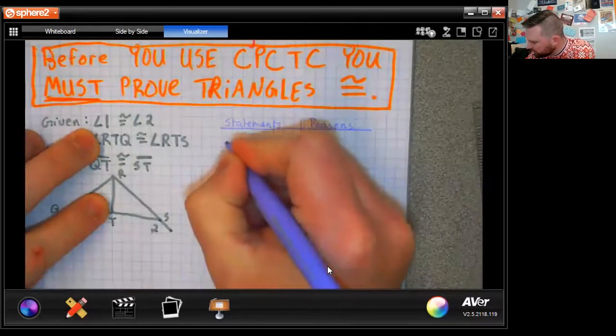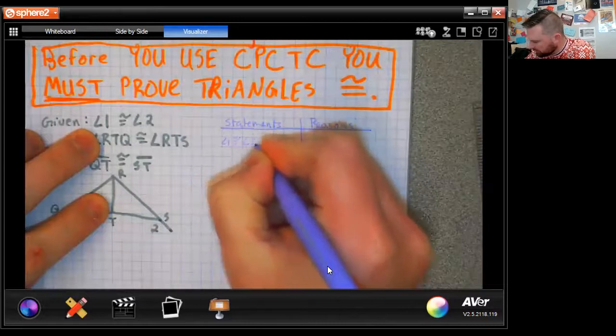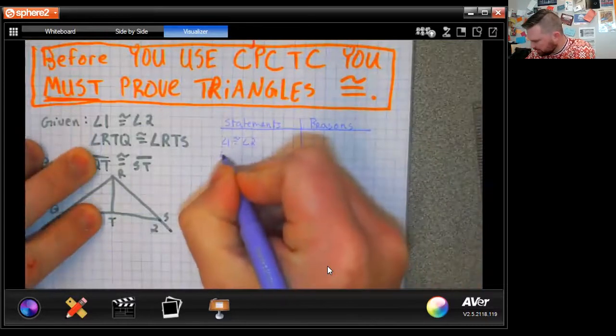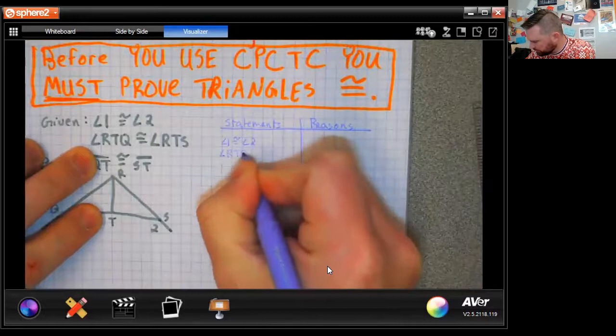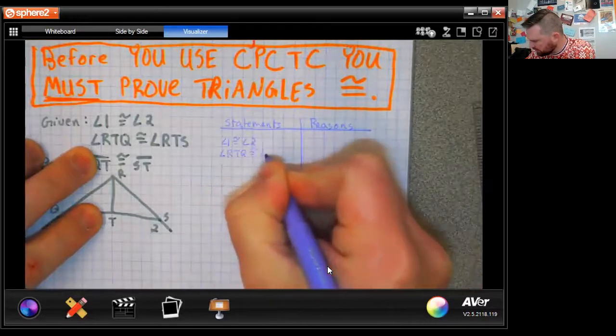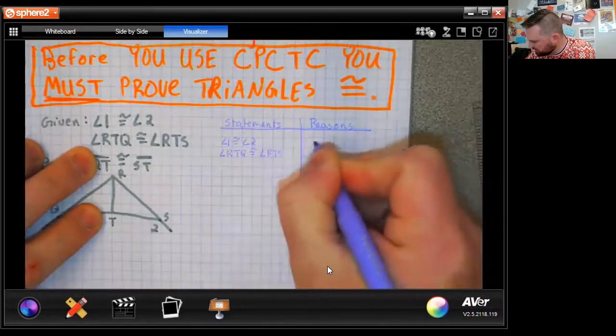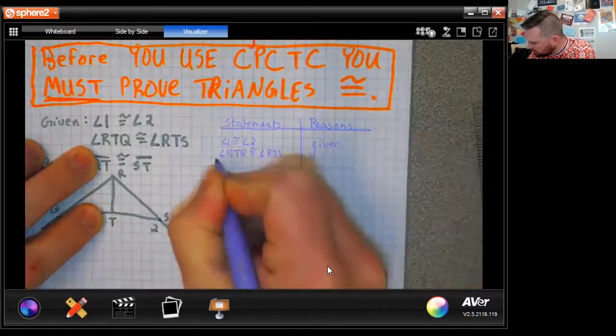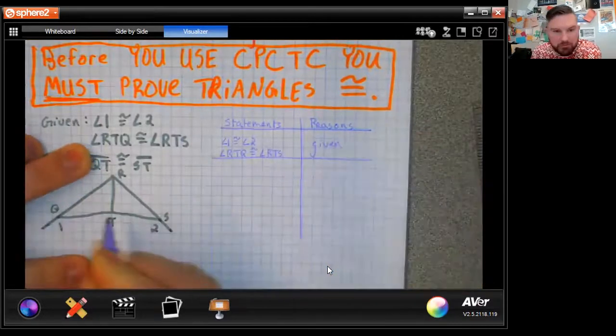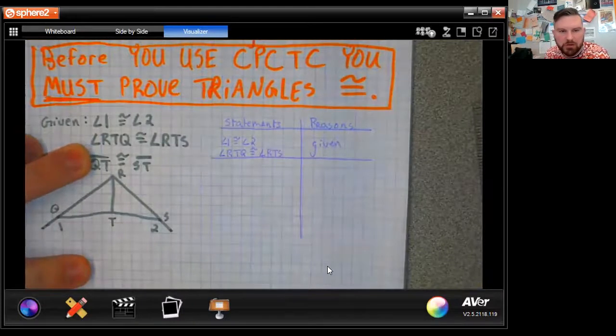So angle 1 congruent to angle 2, angle RTQ congruent to angle RTS. That is all given. It doesn't look like they've noted that here on the picture, so I'm going to do that now. So 1 and 2 are congruent.